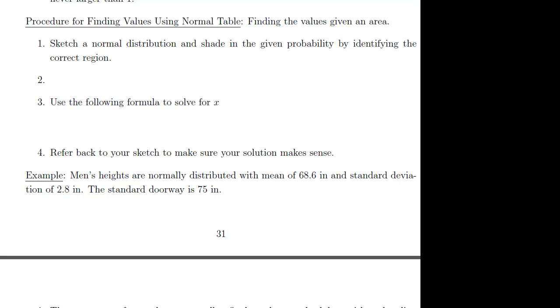So number 2 here, let's see, is look up a z-score. Now, if you're using your calculator, then you can actually skip to step 3. Use either your calculator or the formula to solve for x. Okay, so we'll pick up where we left off in the next video.